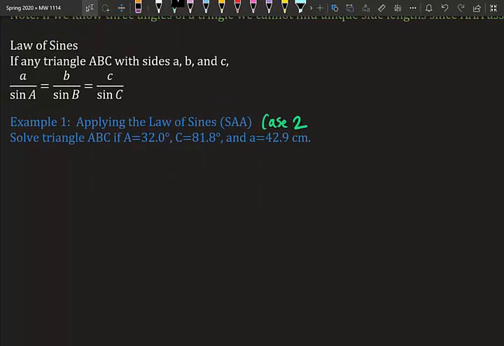Alrighty. So we need to know what we need to find. So we need to find angle B, side B, and side C to complete this triangle. That's what's missing.